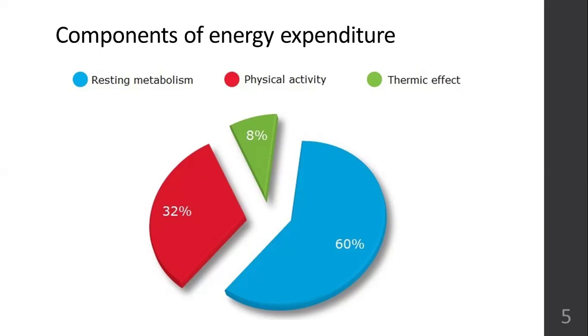It depends. For those in a sedentary lifestyle it could be 25, and for those who are really physically active, it can go up to 40%. Generally speaking, it's in the 30s, around 32 or 30. So that goes into your physical activity.